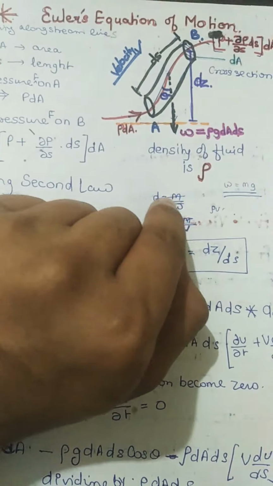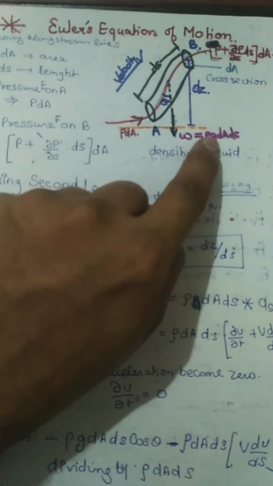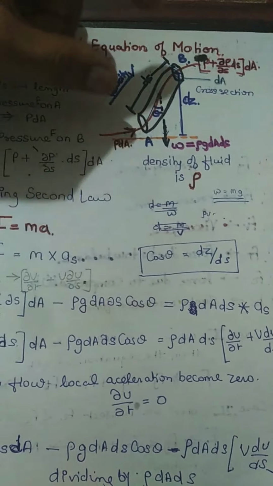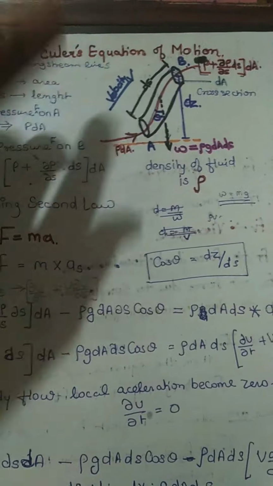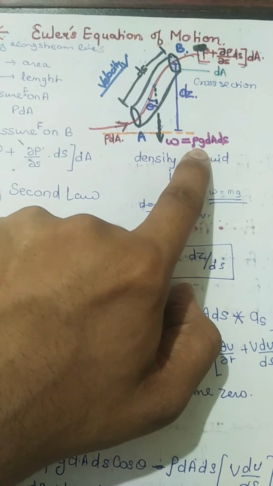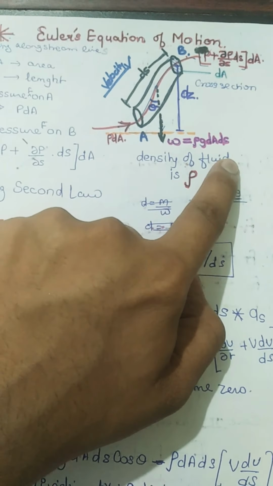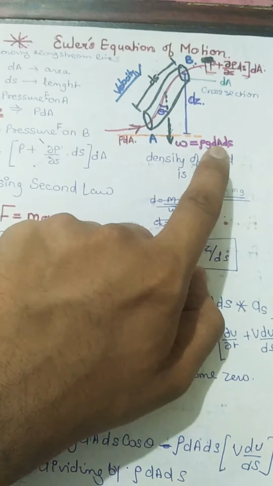So density rho and volume we can write dA into ds. dA is the area and ds is the length. So area into length, that is volume. So I have written like this: weight equals rho g dA ds.